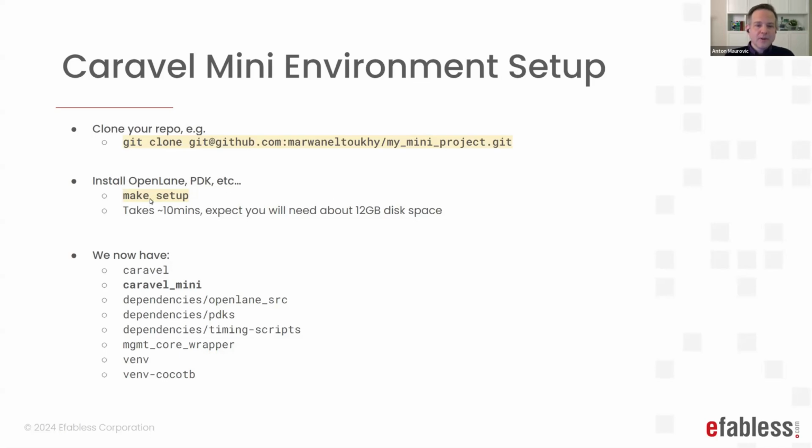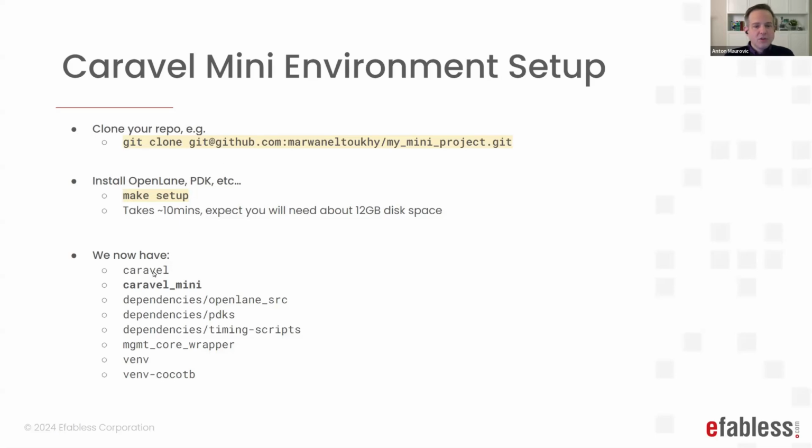The make setup command will take approximately 10 minutes, and we recommend having at least 12 gigabytes of disk space free, as it will go and download a number of packages and do some installation, but also you should allow enough space so that you can actually run through the process of building the final layout.